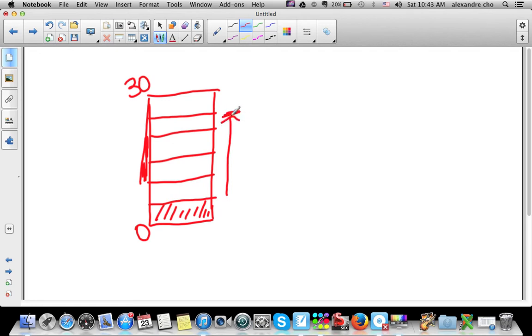We don't want to fill it to the top, just up to here. Somewhat similar to the previous problem, but the drawing here will definitely help you. So this is the quantity that we need to fill in.